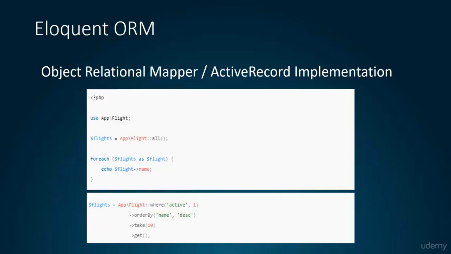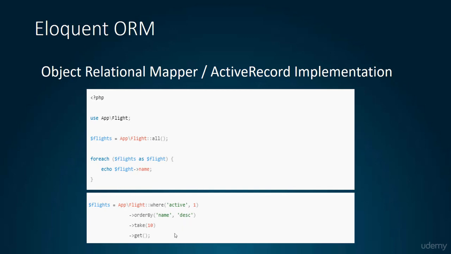Laravel also uses something called Eloquent, which is an ORM, which stands for Object Relational Mapper, and this uses active record and makes it very, very easy to work with the database. So for instance, if we want to get all the flights from the flights table, instead of doing select all from flights and our custom SQL, we can simply say flights equals Flight::all(), and that'll fetch all the records, and then we can loop through them with a foreach loop.